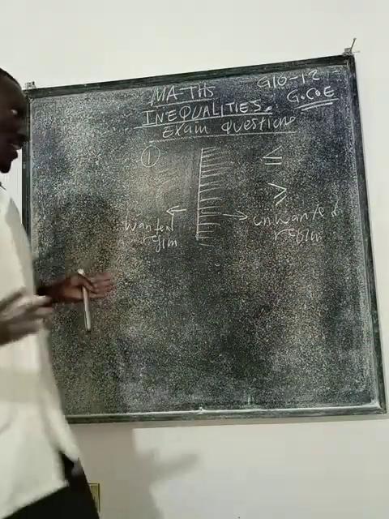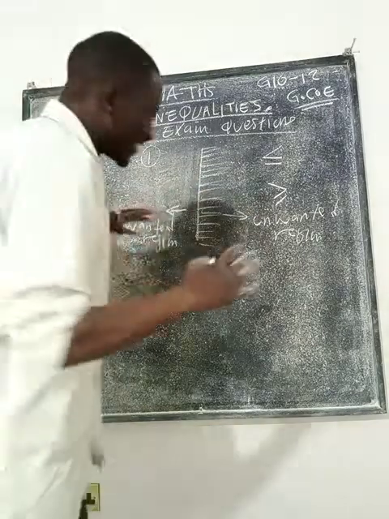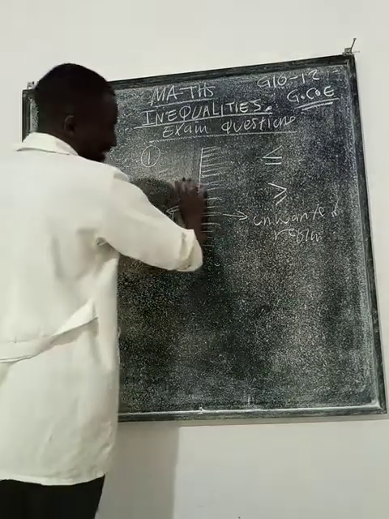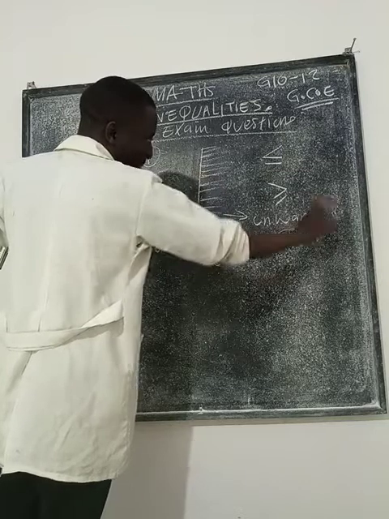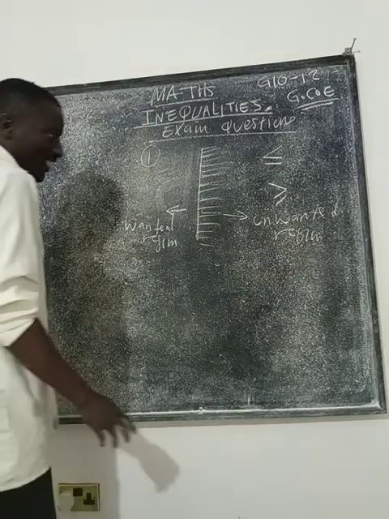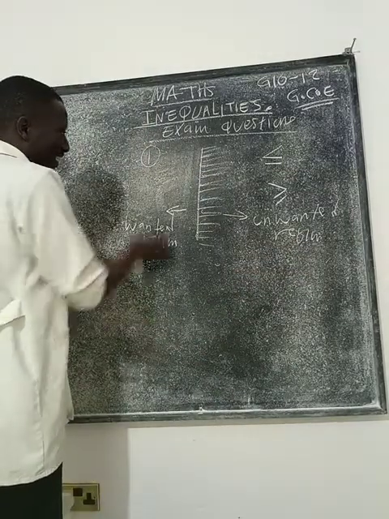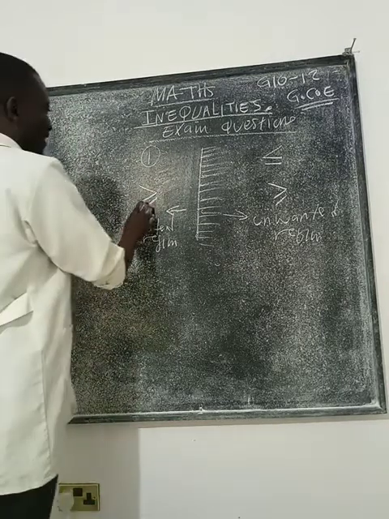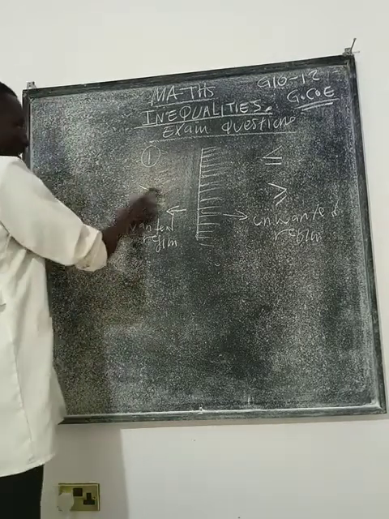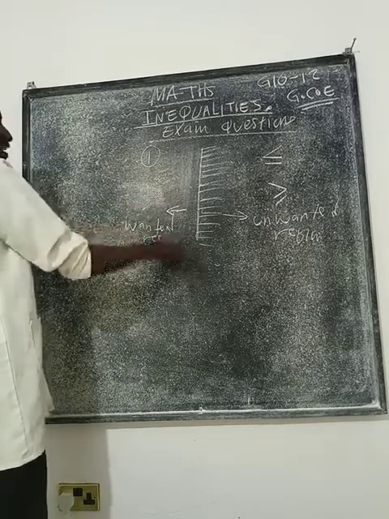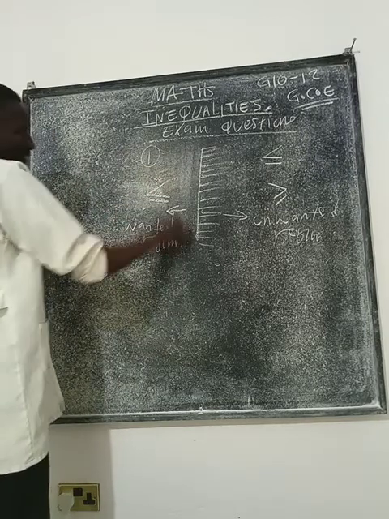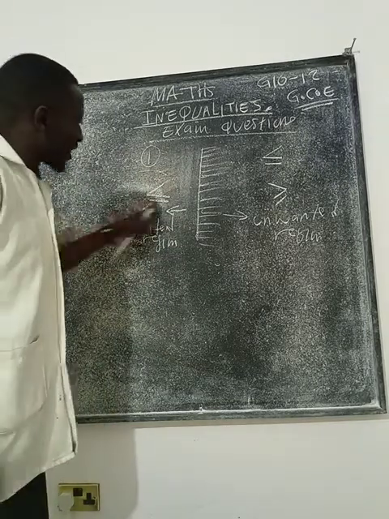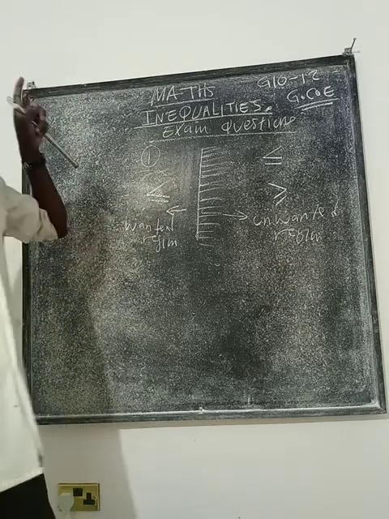As you can see, we can just imagine the number line here. This side is the greater part, it is not wanted. So what is wanted is the lesser part. The lesser part is this side. So this is our inequality that we are looking for.